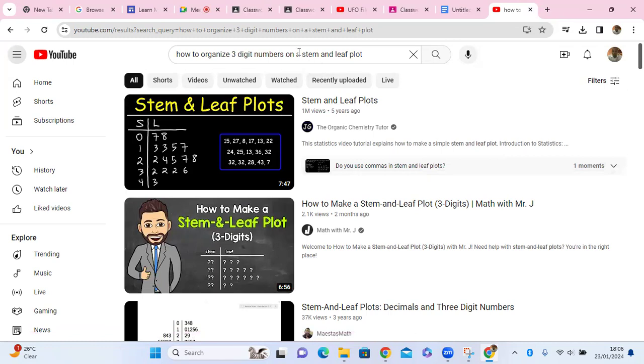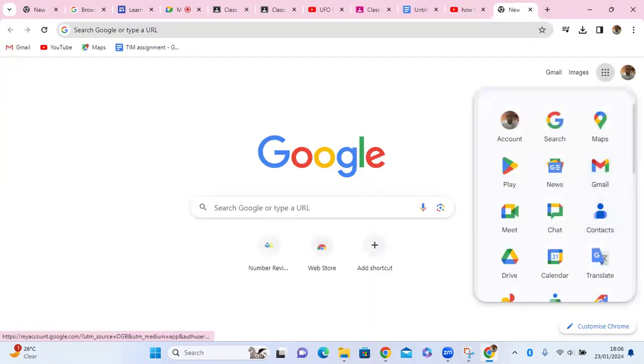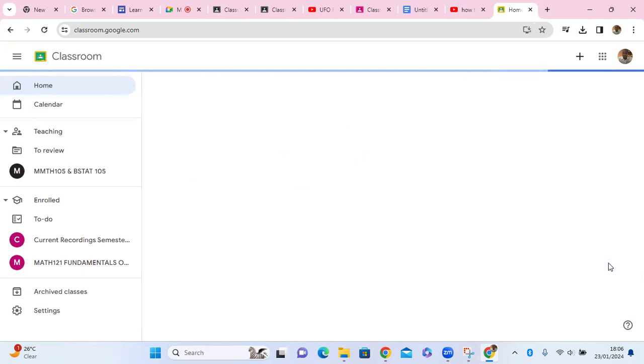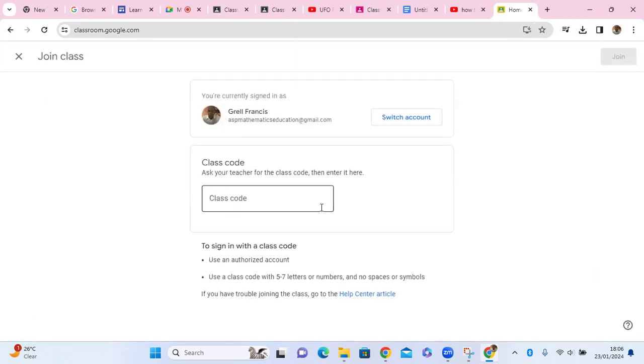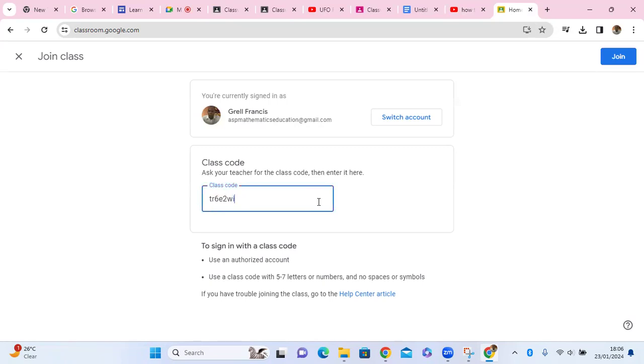And apart from that, there's another Google Classroom that you can go to. Go to Google Classroom, join, with the code TR6E2WI. I've said it so many times, I memorized it.